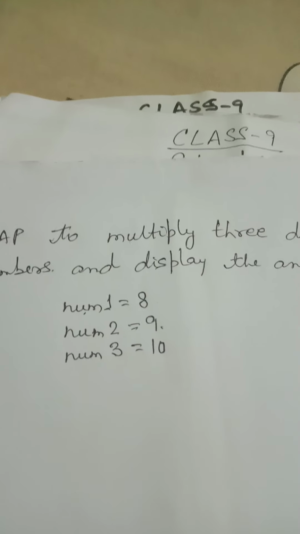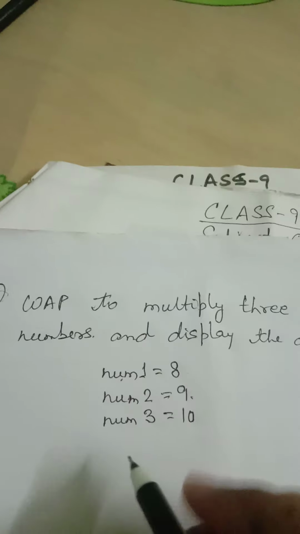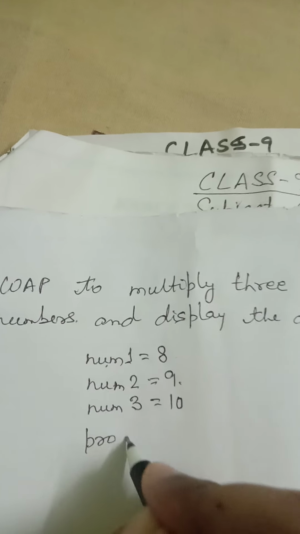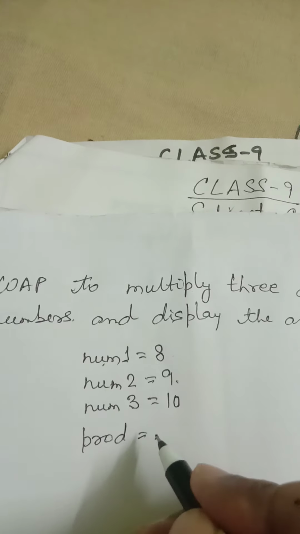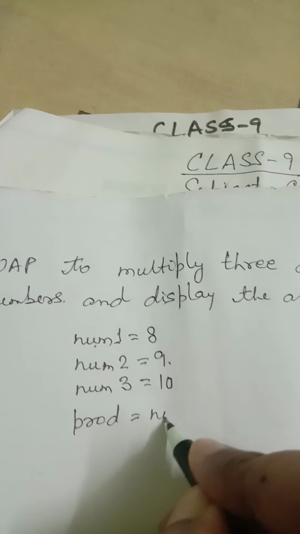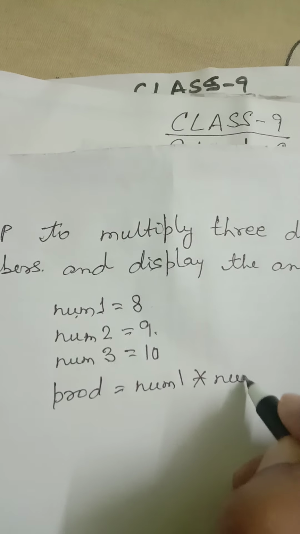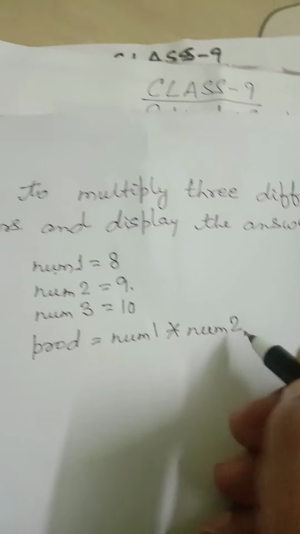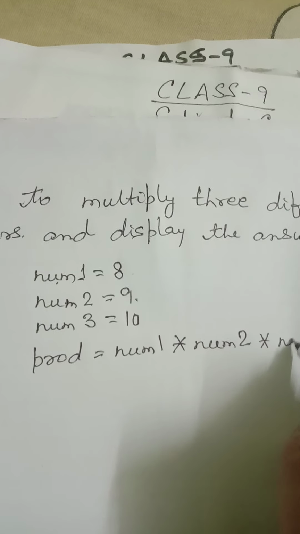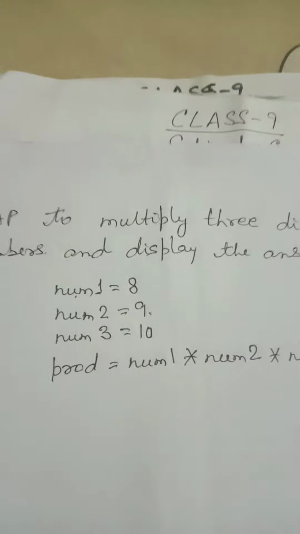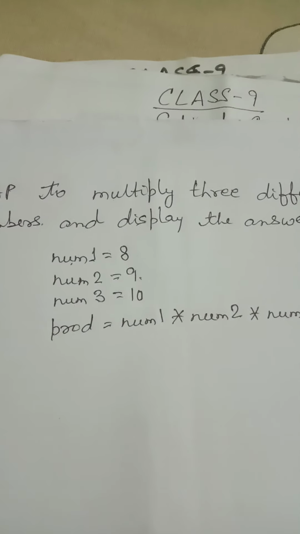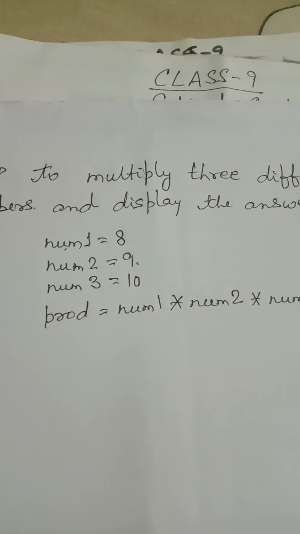So these are the three different variables. Now I have taken another variable, say product. So product is equal to num1 multiplied by num2 multiplied by num3. So I have multiplied the three numbers and have stored the answer in the product.